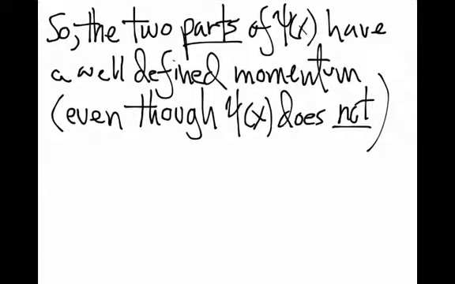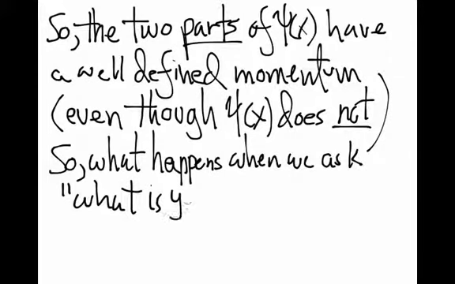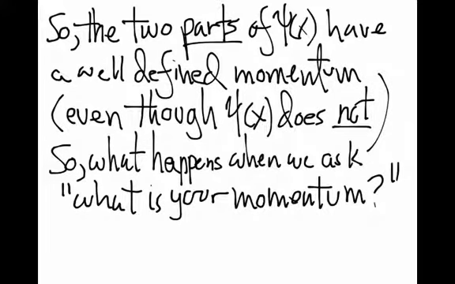So here's one of these weird quantum things. It turns out that if you try to measure momentum, you do not get basically nothing. Remember how we ended the video last time.